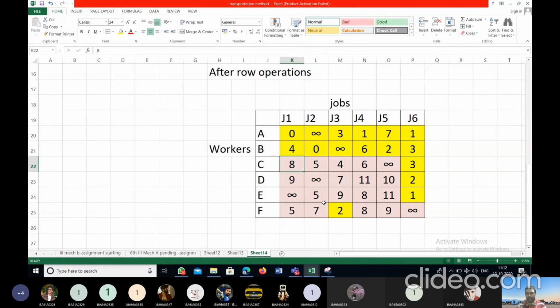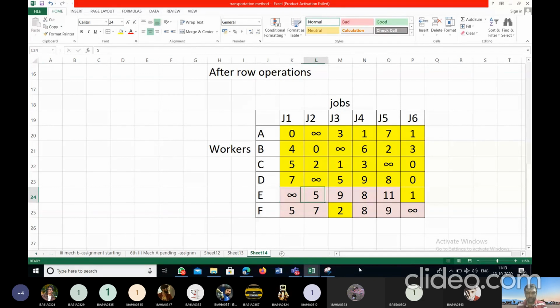Third row least element is 3. So 8 minus 3, 5 minus 3, 4 minus 3, 6 minus 3, infinity minus 3, 3 minus 3. So third row is updated. Now comes the fourth row. 2 is the least. So 9 minus 2, infinity minus 2, 7 minus 2, 11 minus 2, 10 minus 2, and 2 minus 2. So D is updated. E, 1 is the least.